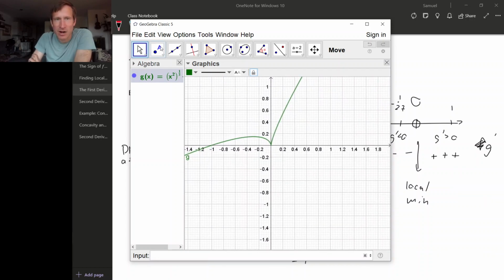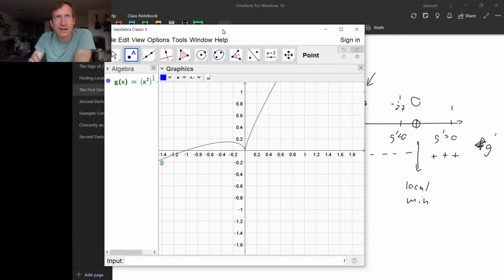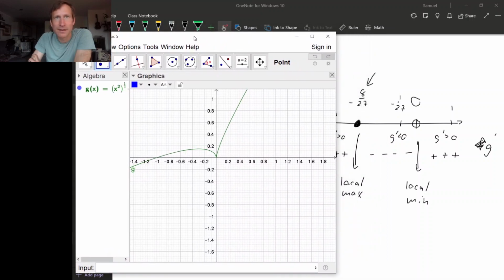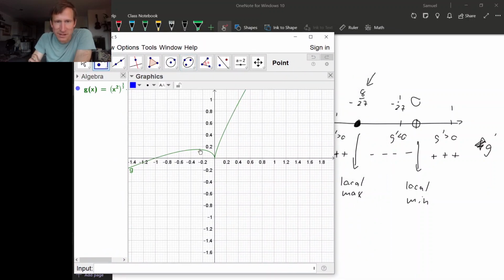Our high spot, our local maximum is in here somewhere, which we're expecting, right? We're expecting a local maximum at negative 8 over 27. The local minimum is right here. Well, at this local minimum, there's this sharp point. And since there's a sharp point, that's why the derivative doesn't exist.